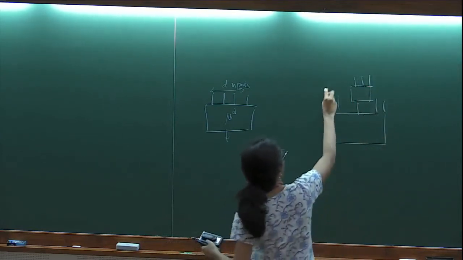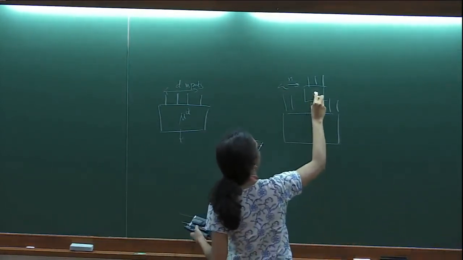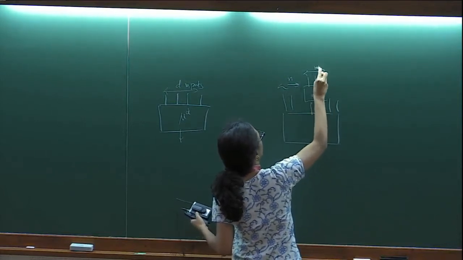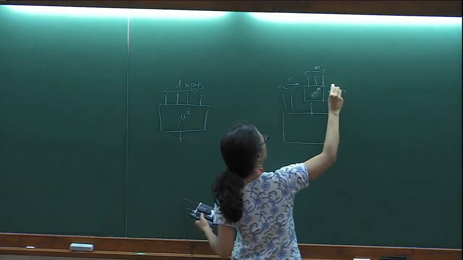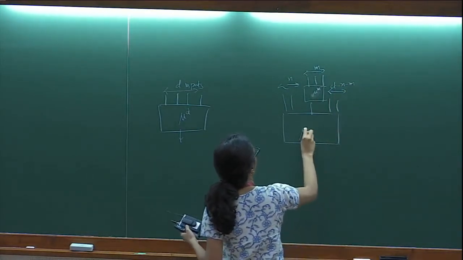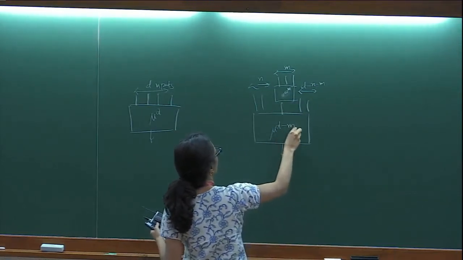Those indices there, so this is n, that is m, so this is mu m, this is d minus n minus m, and this is mu d minus m.